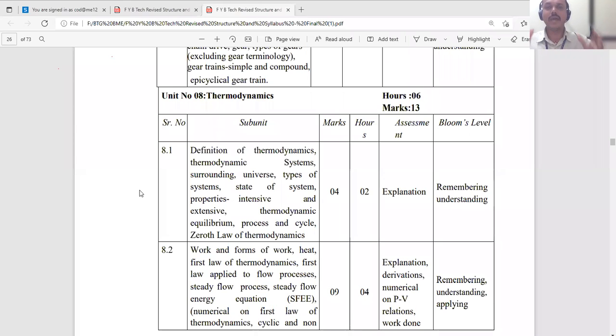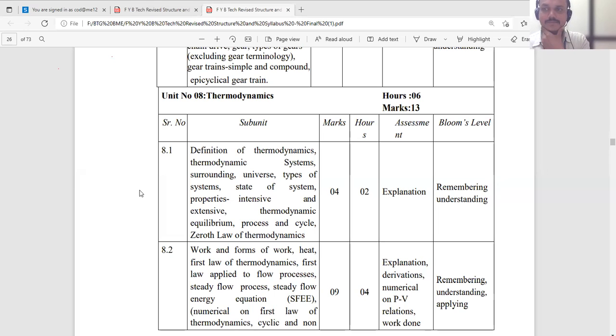Matter is the same as it is. Matter works as a medium. Yes, does not allow transfer of matter. The system does not allow transfer of matter into the surrounding, or taking matter from the surrounding into the system. Am I correct? Yes, sir. Okay. Then which one is the last one?